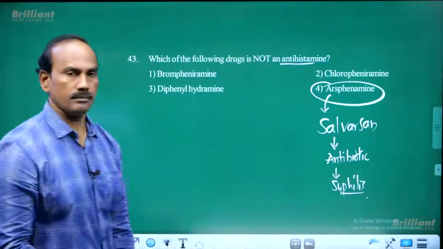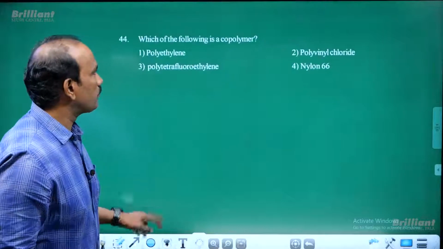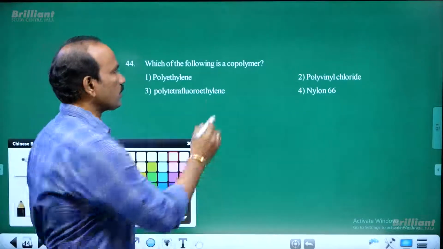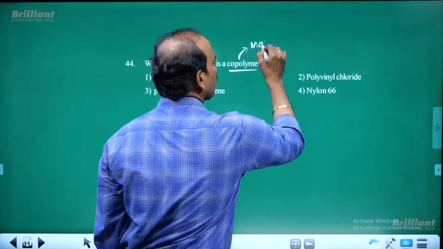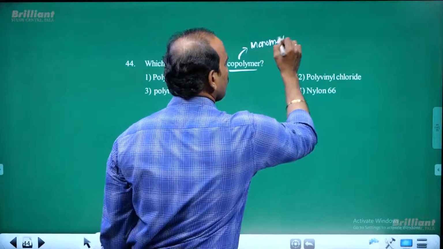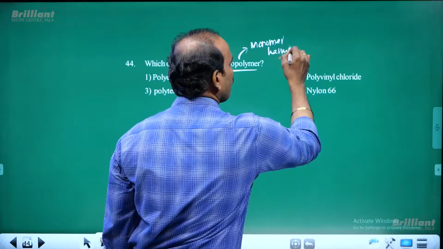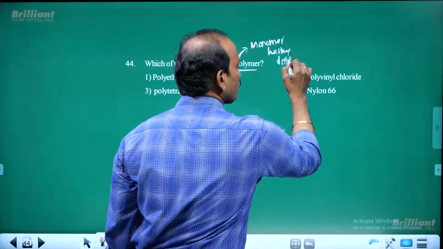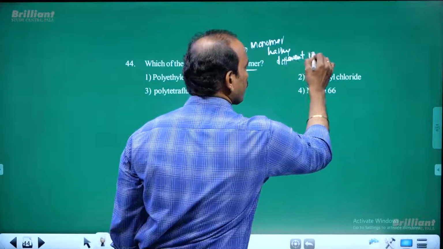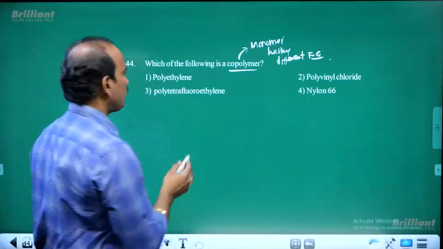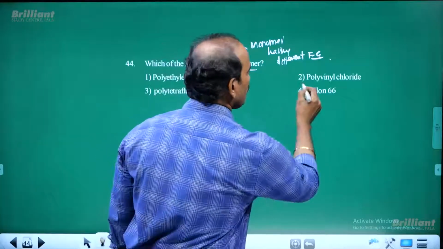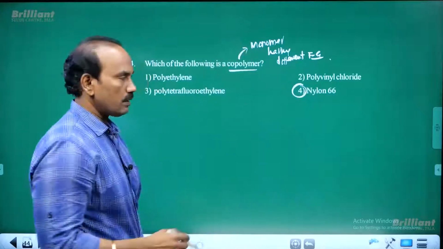Okay. Next one. What are copolymers? Copolymers means monomers having different functional groups. So this is the only one wrong. This is wrong. This is nylon 6,6.